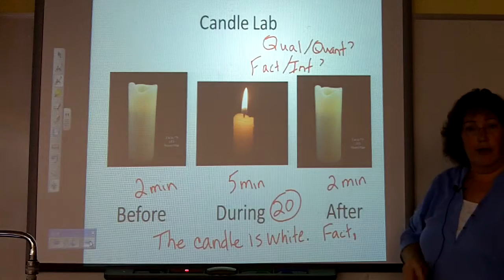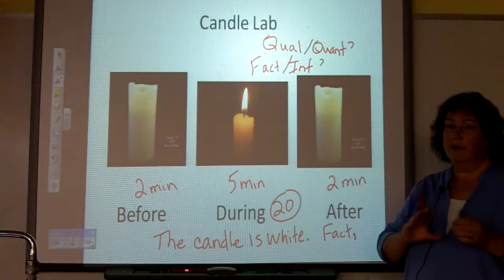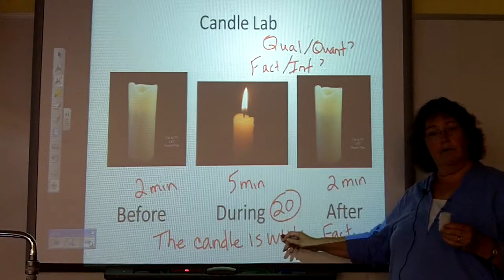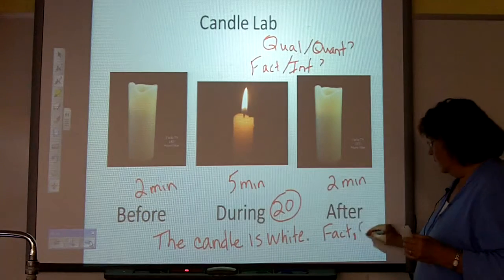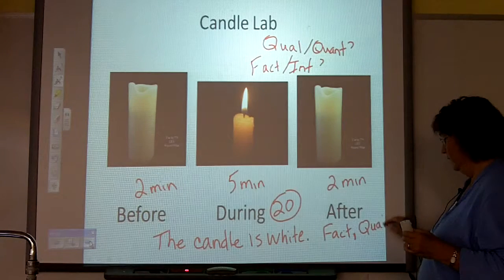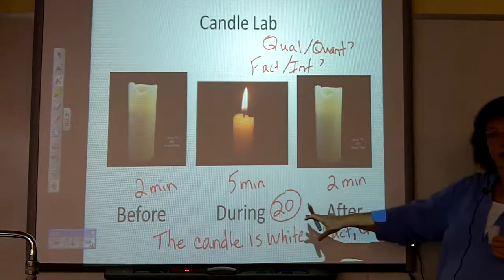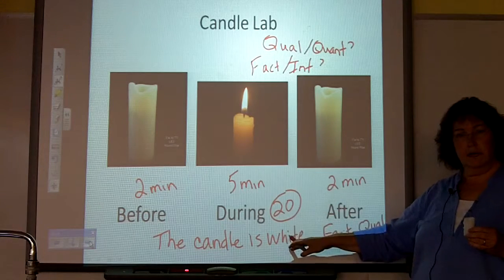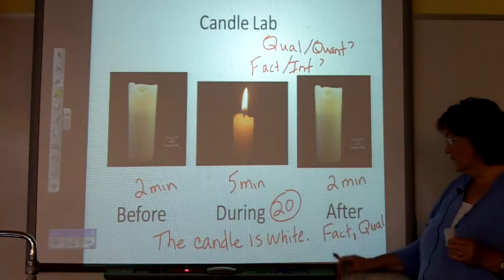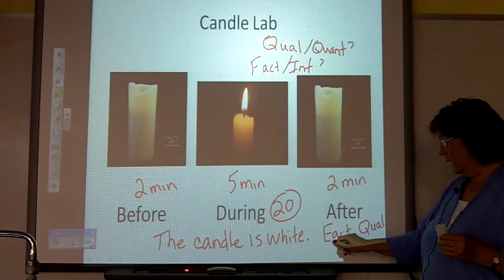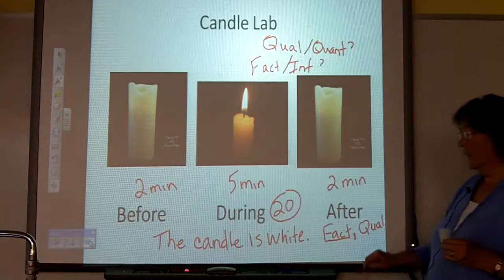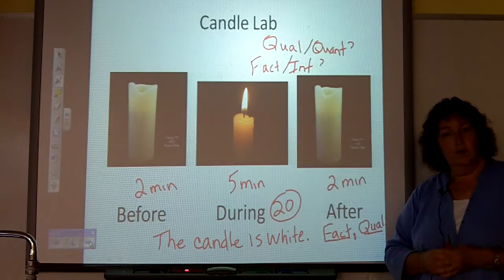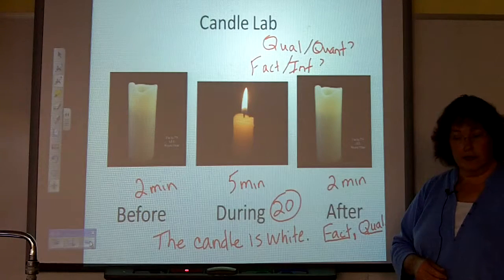So to answer that, I have to ask the question, did I have to actually measure something to get this statement? Since I did not have to measure something, I'm going to call it qualitative. So that's what you need to do. Take 20 observations, write complete detailed sentences for observations. Take each observation and decide if it's fact or inference and if it's qualitative or quantitative. So you can start, and I'm anxious to see what you get.